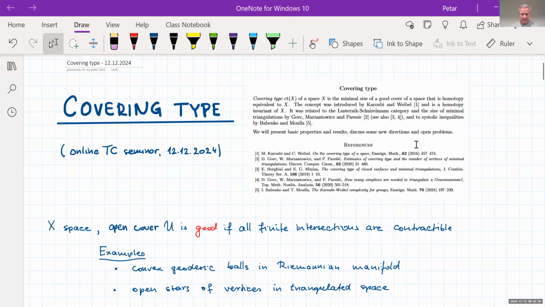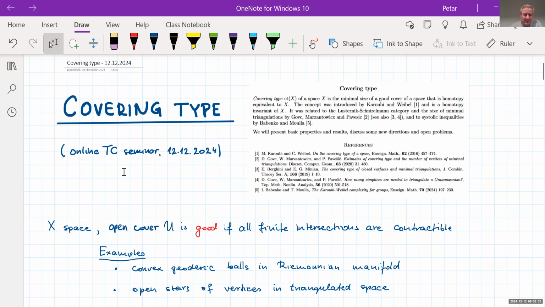Let me share the screen. Hopefully you can all see my screen. This is all handwriting, I hope it's readable, but anyway, I'm going to explain most of the things. Let me start with the basic definitions.